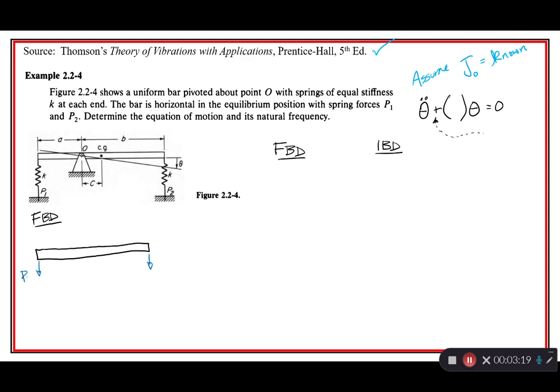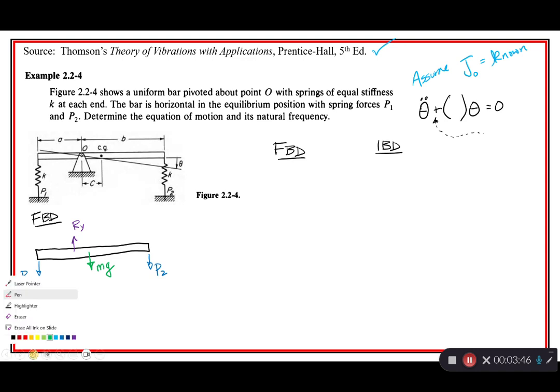So I said P1 and P2. I'll put the reaction right here, which is going to be RY. And then the thing that's working right here is the mg, the mass of this thing, mg. Anything else?